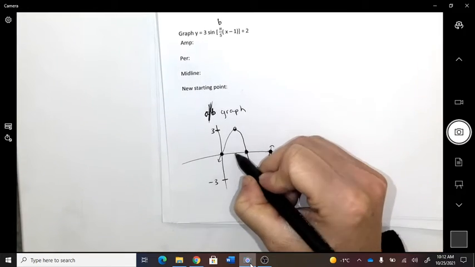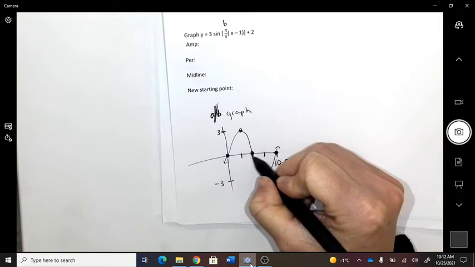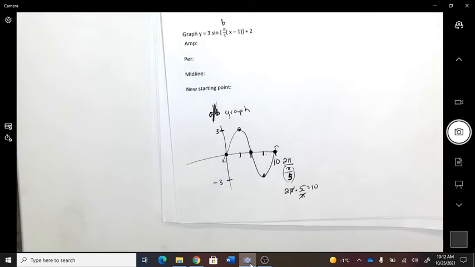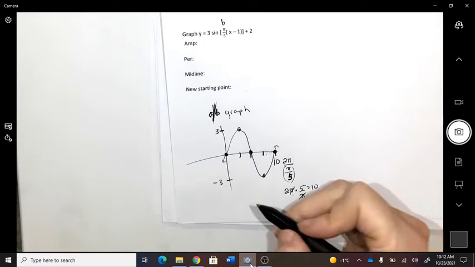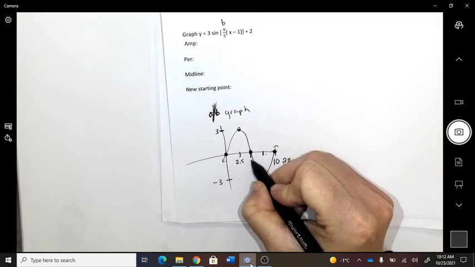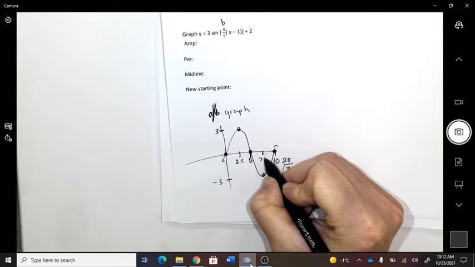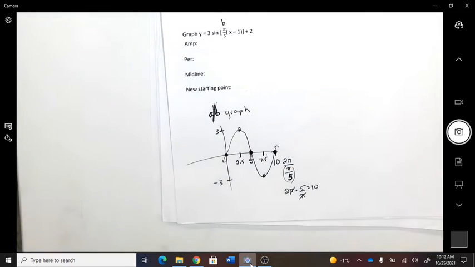Okay, when you're doing this, it's probably a good idea to grab 4 x values. So I take that 10 and I divide it by 4. 10 divided by 4 is, you know what that would be? 2.5. So now this should be 2.5, 5, 7.5, 10.